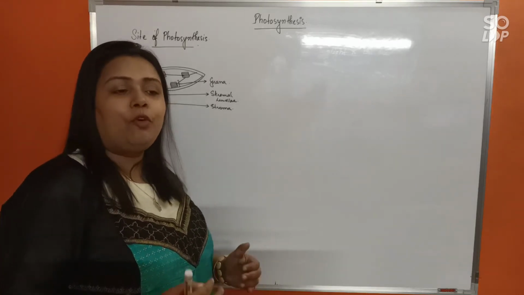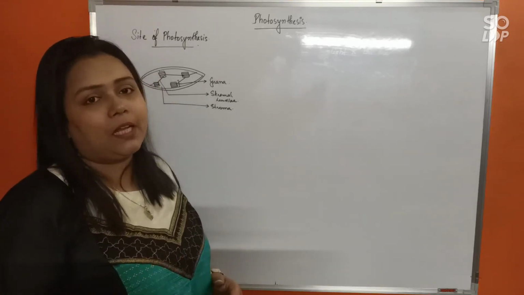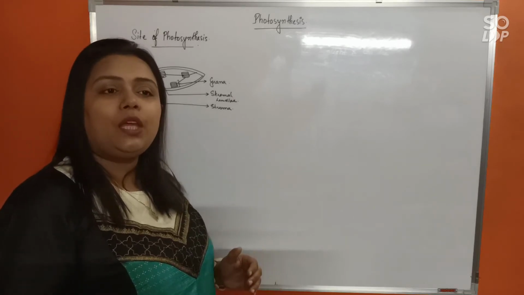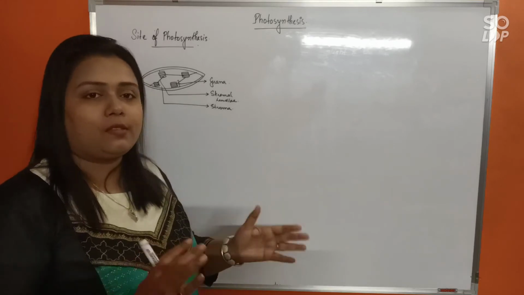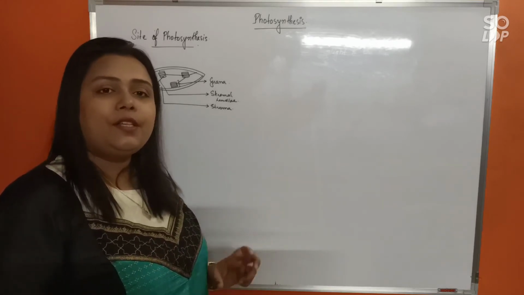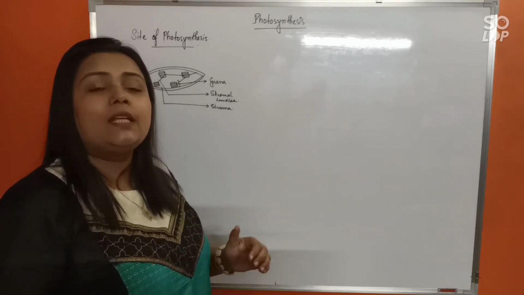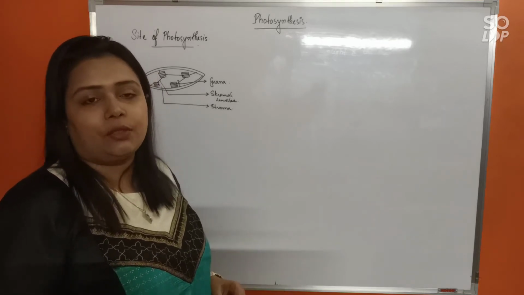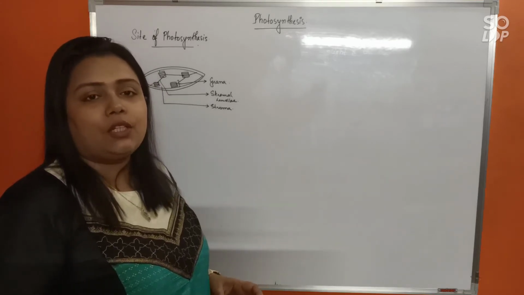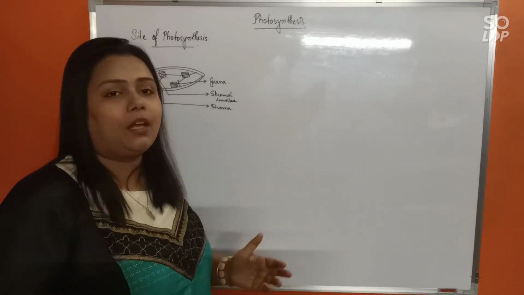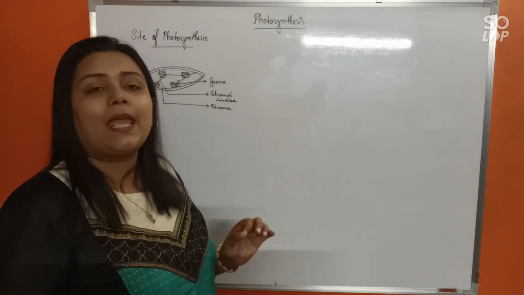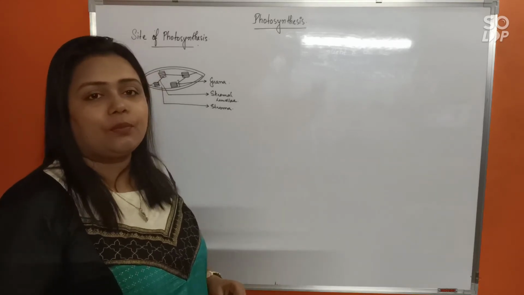Now see, photosynthesis being a highly complex biochemical process, we can divide the entire mechanism of photosynthesis into two phases. First is called the light reaction, second is called the dark reaction. Light reaction is the one in which sunlight is entrapped and converted into chemical energy in the form of ATP and NADPH.